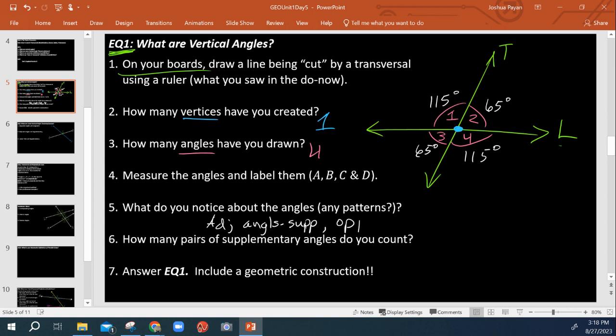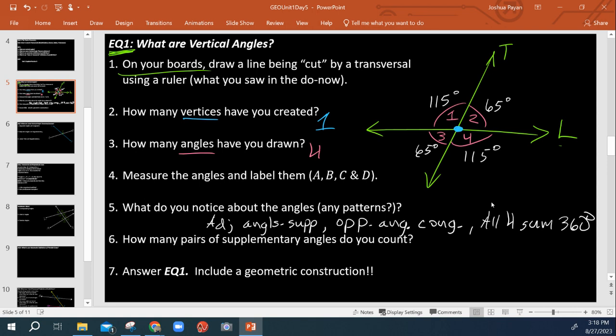And we see that opposite angles are congruent. We also see that all four have a sum of 360, because 180 plus 180 is going to give me 360 no matter how I look at it. All four sum to 360 degrees.